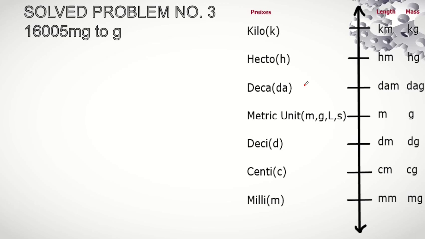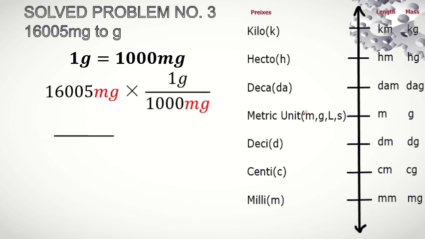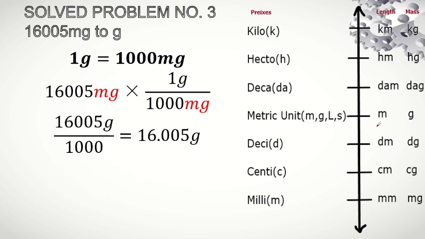Next, we have 16,005 milligram to gram. This is the conversion. Ganun lang din. Then, yung factor, kailangan, kasi dapat mag-a-assign kayo saan yung ilalagay, yung conversion factor. Paano nyo siya ilalagay? If you don't know yet how to use metric ruler. Here.